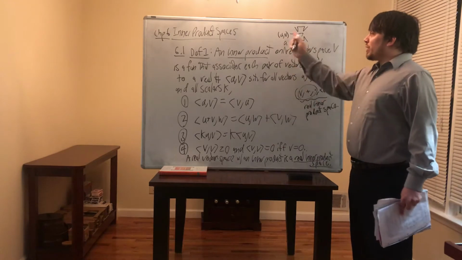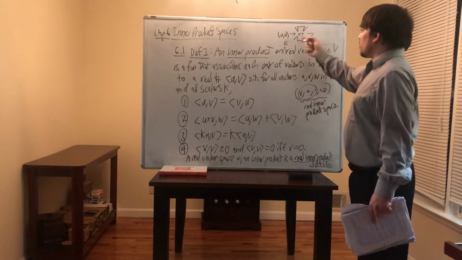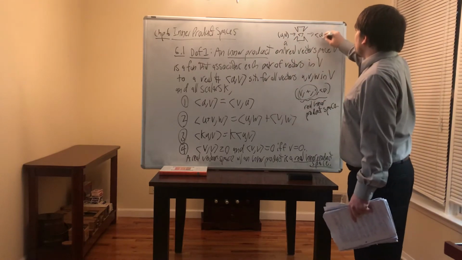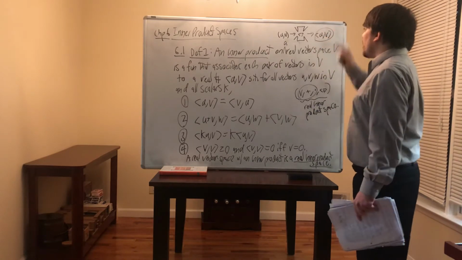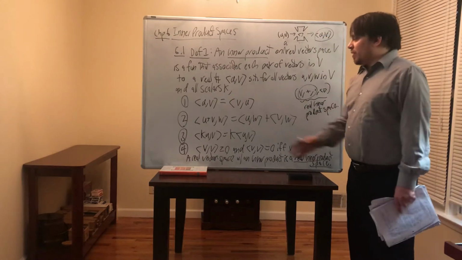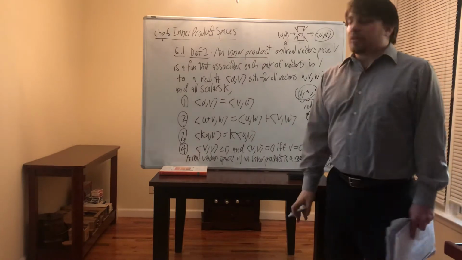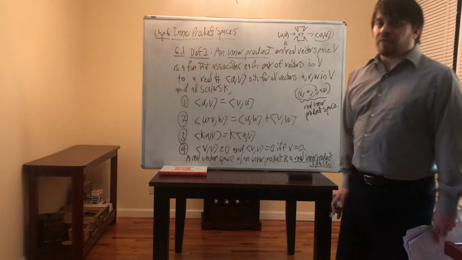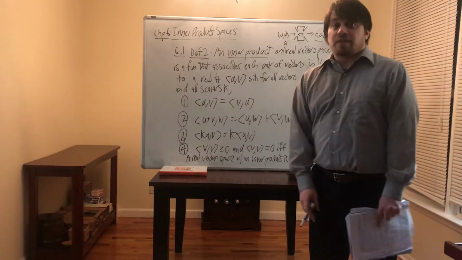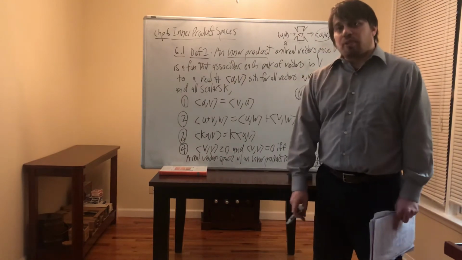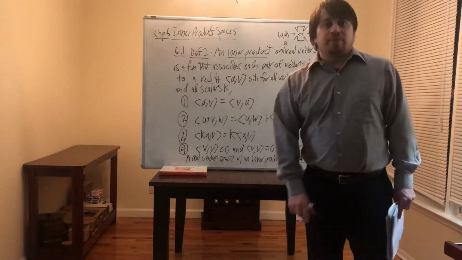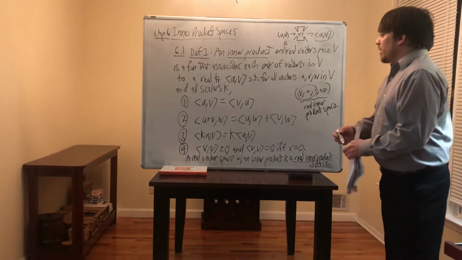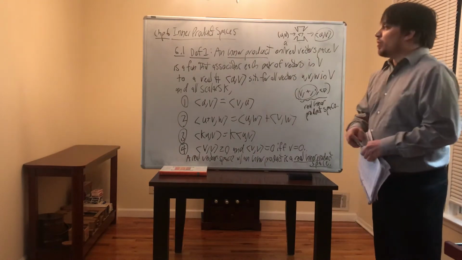If you input those two vectors in that order into this function called the inner product function, the output is the inner product of u and v, and it's a real number. And it's a function that satisfies these four properties. Okay, so you take any two vectors in some order, a first vector and a second vector, you put it into this function, and it spits out a real number, which we denote by that symbol. Okay, again, these four properties hold for that function.